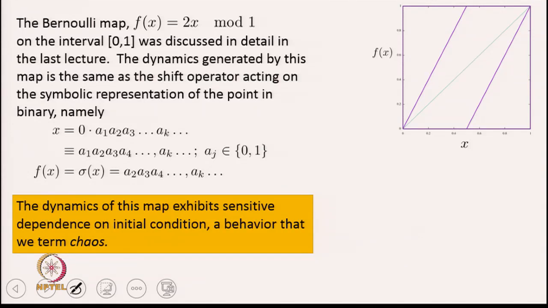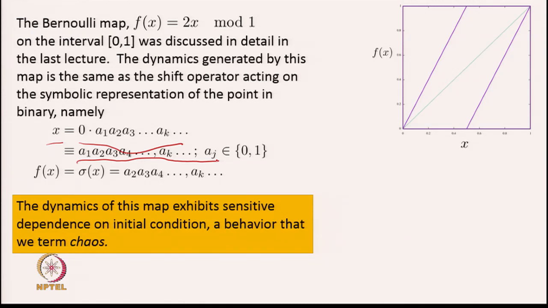Namely, if the point x was given by 0.a1, a2, a3, etc., where a's are either 0 or 1, then this symbolic string a1 all the way onwards is a representation of the point.